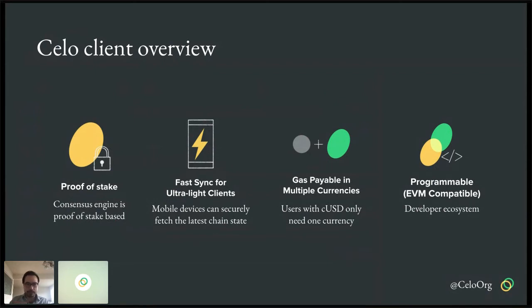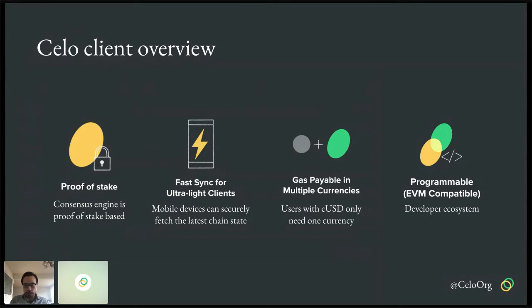So most likely they'll be using our stable Celo USD currency to actually make payments, but then without this feature, they would also have to have Celo token to pay for those transactions, which is not a very intuitive thing.